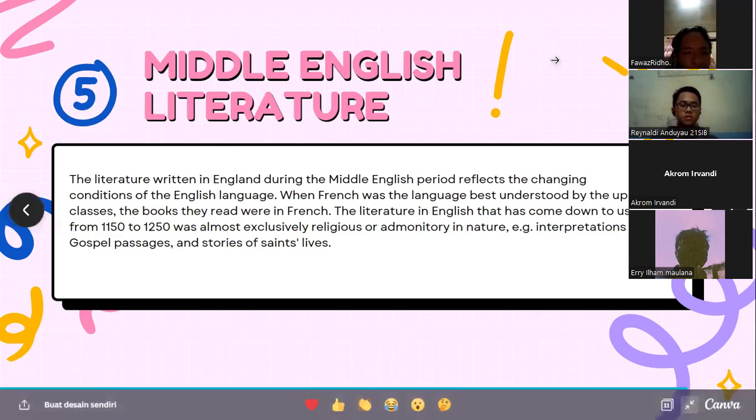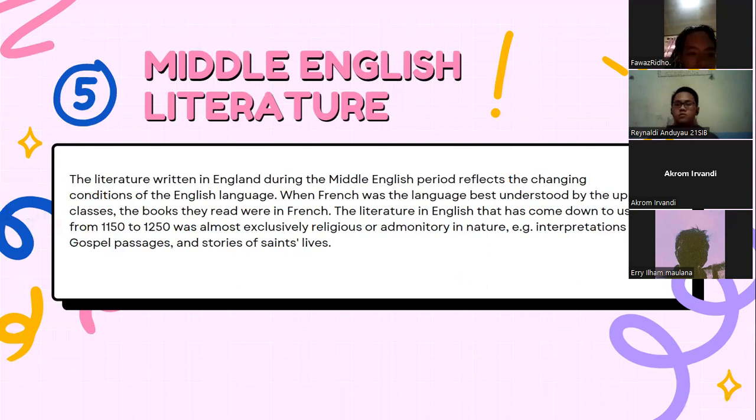The most popular type of this literature was the romance. Only one English romance exists from an earlier date than 1250, but from this time on, translations and adaptations from French begin to appear, and their number increased largely during the 14th century.